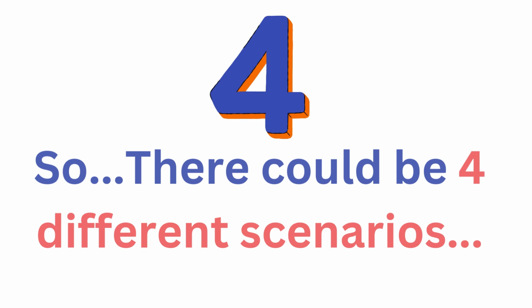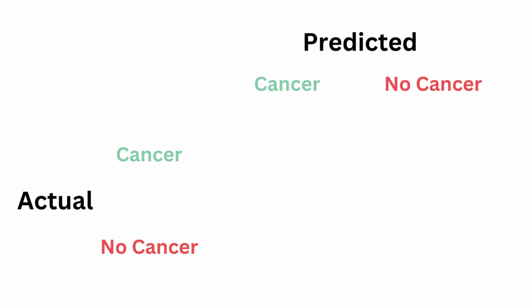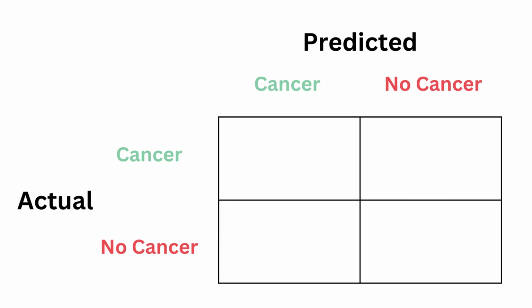So there could be 4 different scenarios. In the actual case, the patient may have cancer or may not have cancer, and you predicted that the patient has cancer or does not have cancer. This way, we get a 2 by 2 matrix. Let's understand all 4 scenarios in detail.